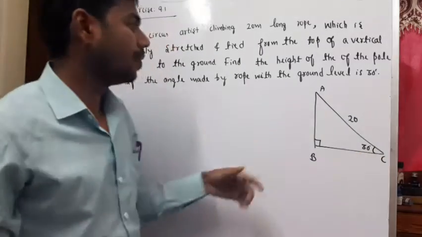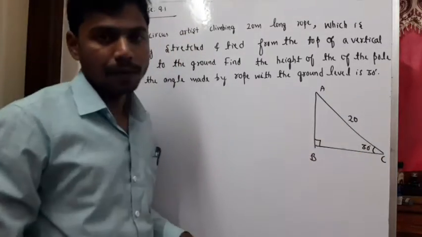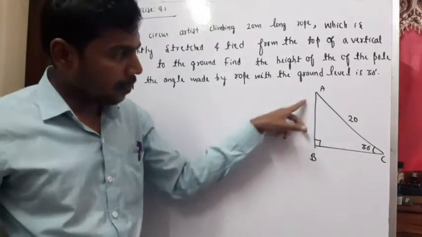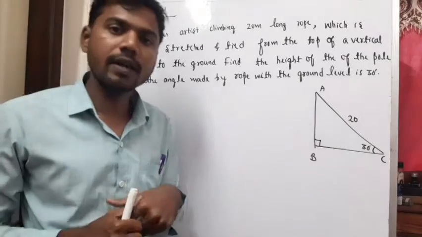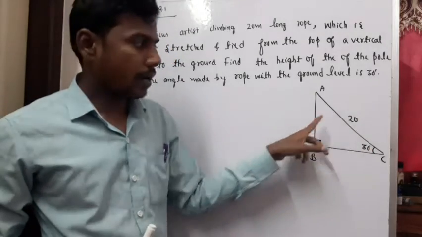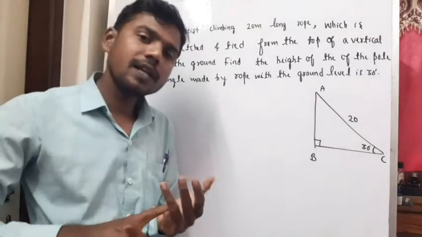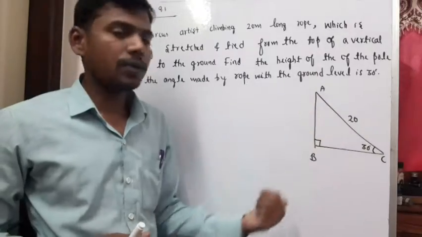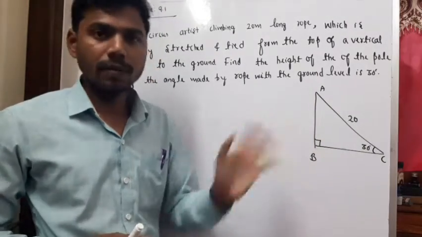We got this 30 degree and this hypotenuse. For 30 degree this will be the opposite, and I know the hypotenuse. So sine 30 will be opposite by hypotenuse. If I make use of that relation, the problem will be solved.